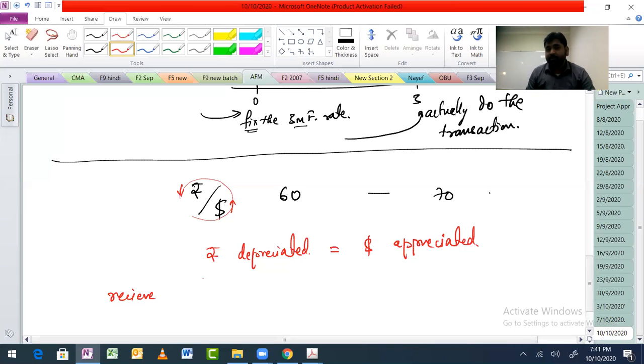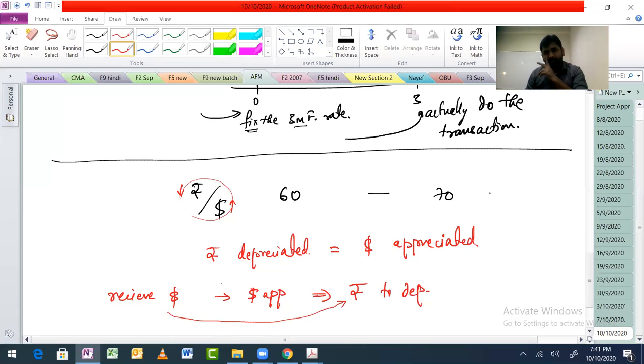And that is what happens, because if I am going to receive dollar, what do I want? I want dollar to appreciate. In other words, I want rupee to depreciate. I will get more money, right? The only thing was, when we were talking last time, we were talking directly about this. So, maybe that was not making sense to you guys.